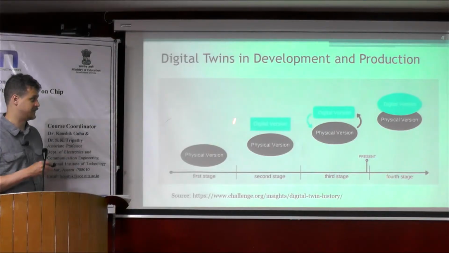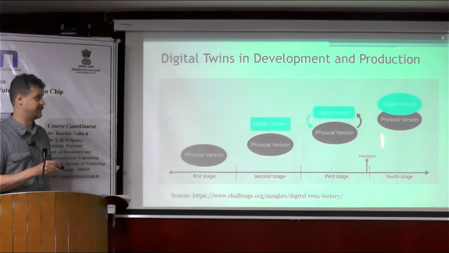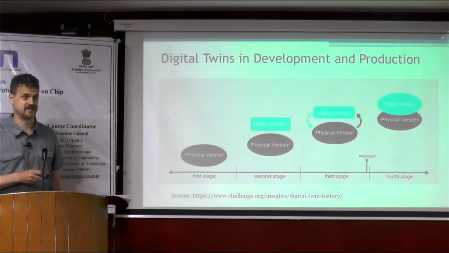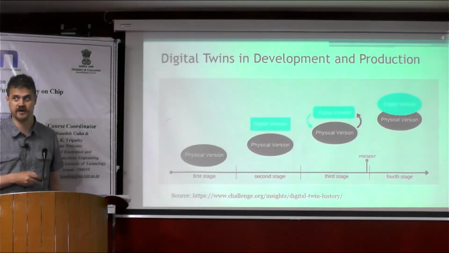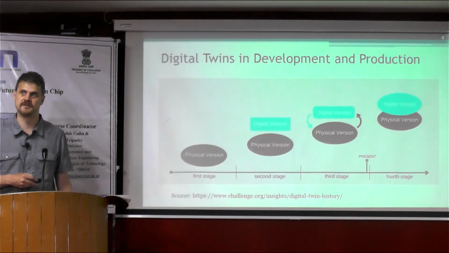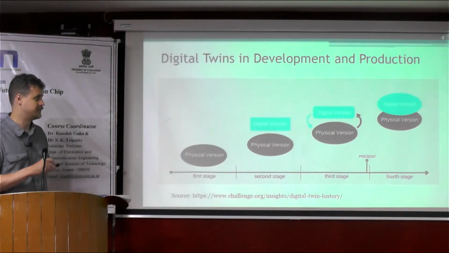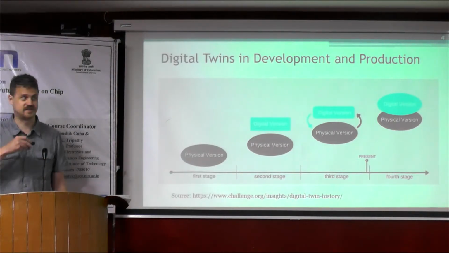Then we have to apply the digital twin technology. As we said, there should be a feedback loop between the digital version and the physical version. Otherwise, it's nothing more than software or a sort of mathematical model if there is no bidirectional data exchange.